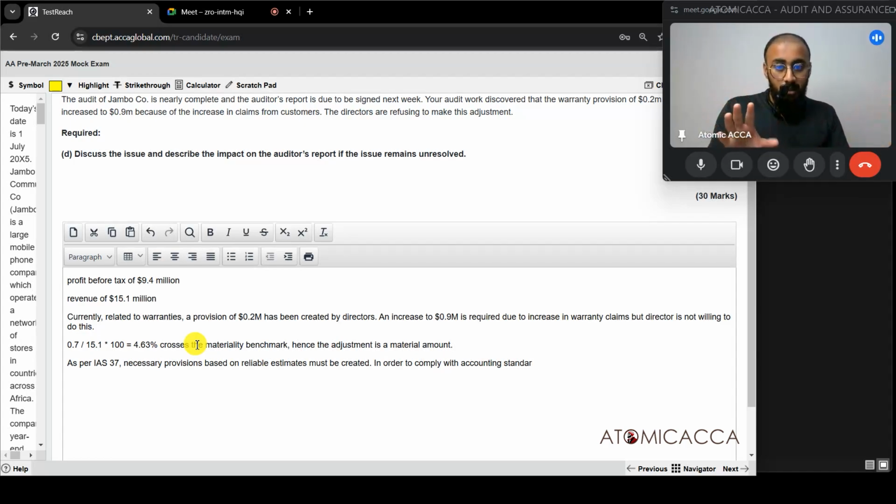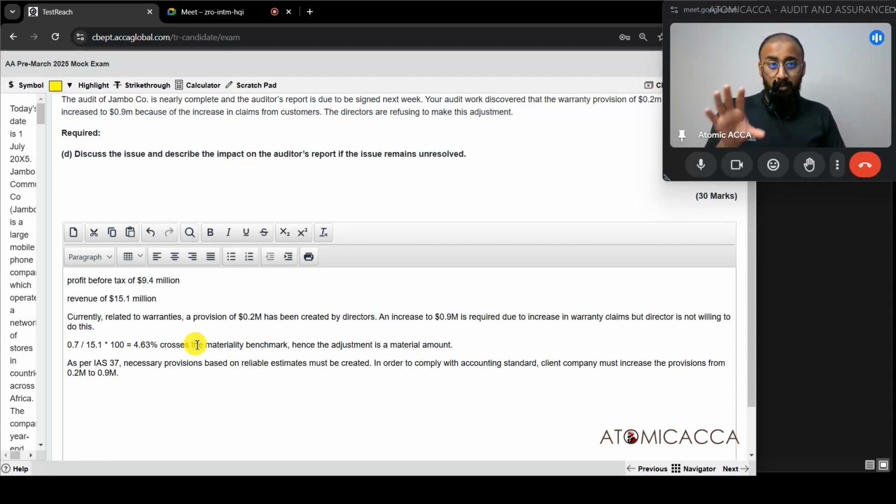It's not mandatory to write the accounting standard, but just be careful. If you're writing the accounting standard, write the correct one. Don't write the wrong one because it looks very unprofessional in that case. So, in order to comply with the accounting standard, client company must increase the provisions from 0.2 million to 0.9 million.